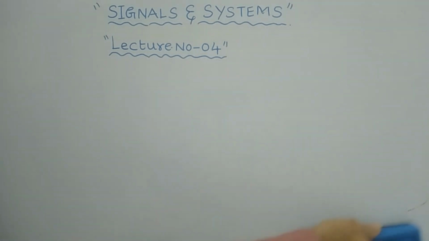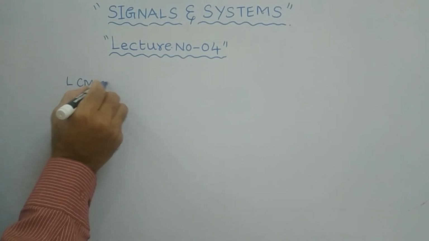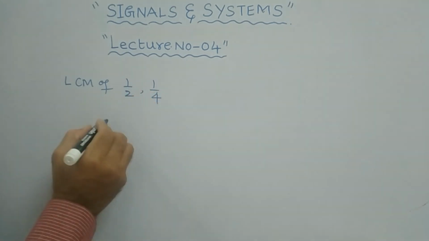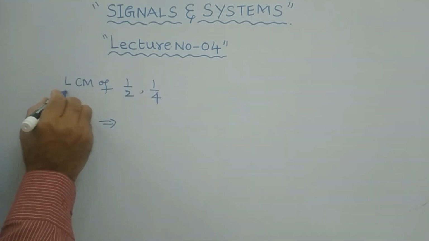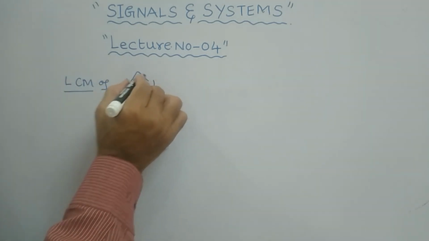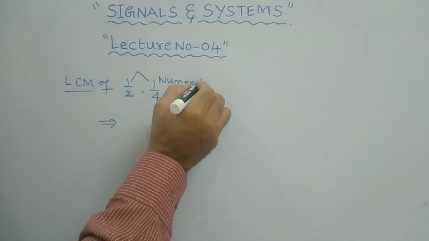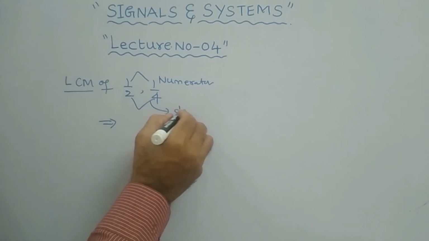So the LCM of two fractions, say the LCM of 1 by 2 and 1 by 4, can be given as follows. These are the numerators, 1 and 1, and these two are the denominators.